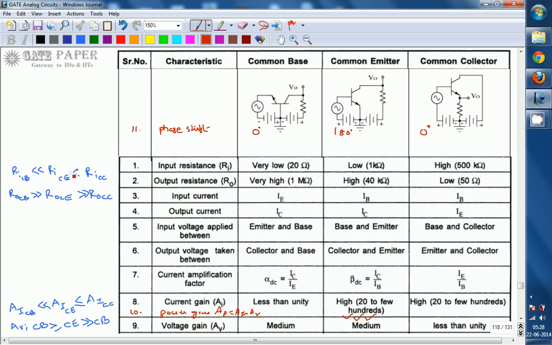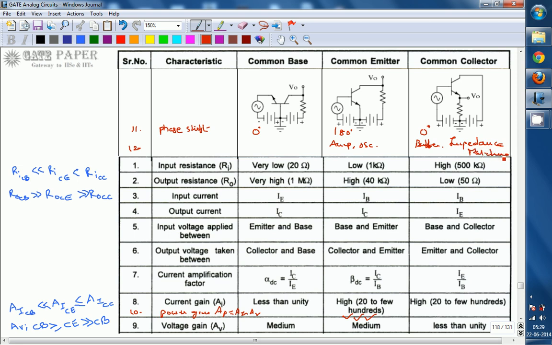And the applications where they are used. Common emitter acts as an amplifier as well as an oscillator, whereas common collector is used as a buffer as well as for impedance matching.